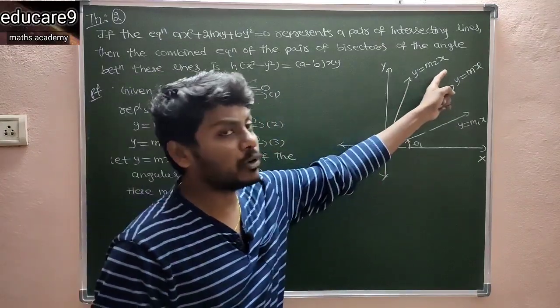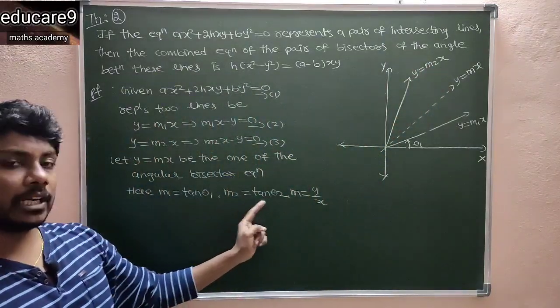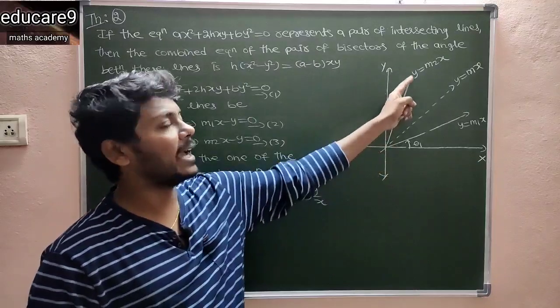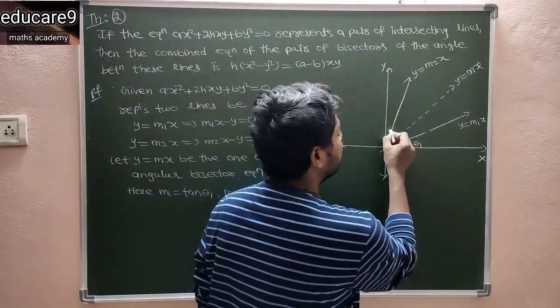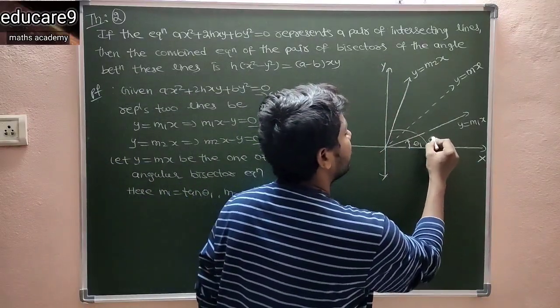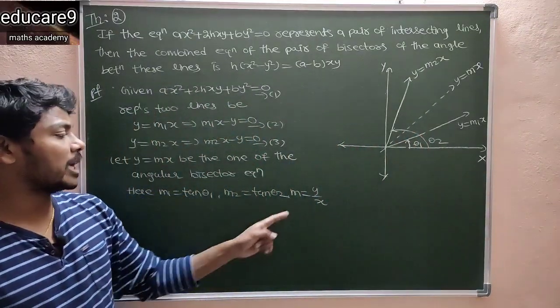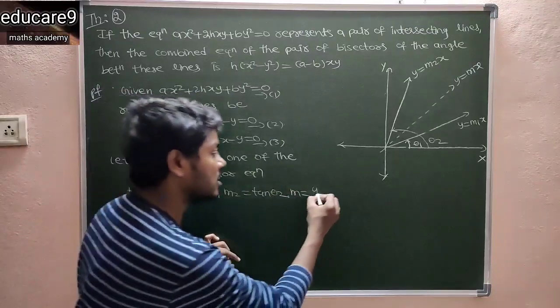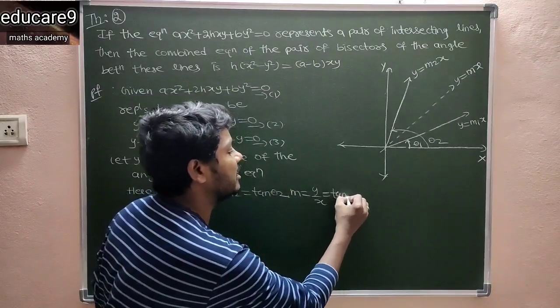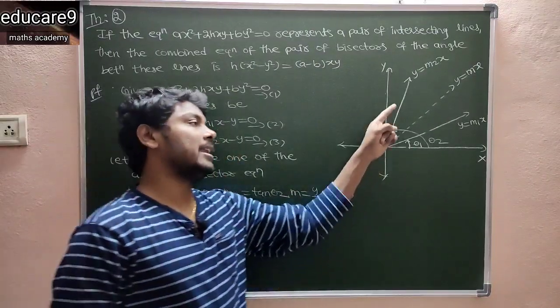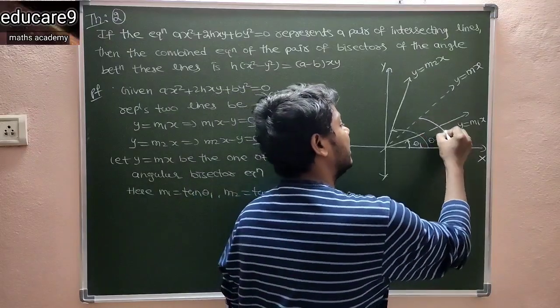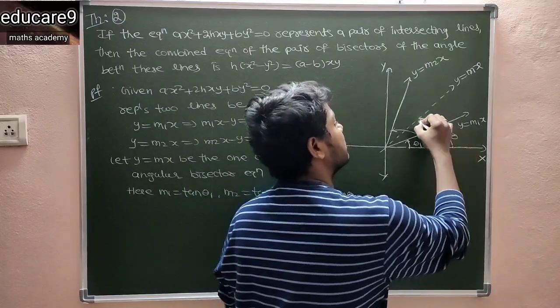Here y is equal to m2x. M2 is what? Tan theta 2. So clearly this line makes an angle theta 2 with x axis. And y is equal to mx. M is what? Tan theta. So clearly this line makes an angle theta with x axis.